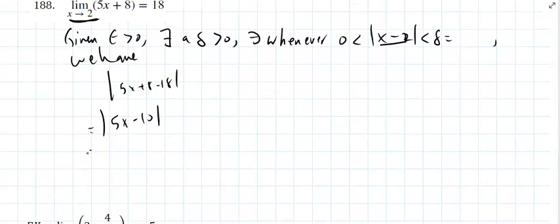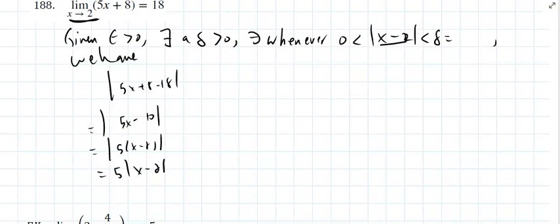If I factor a 5 out, now isn't x minus 2 less than delta?